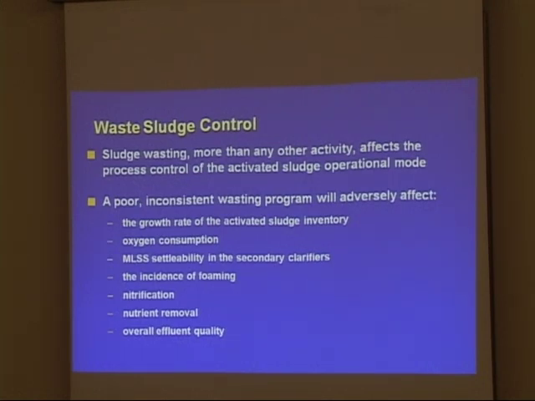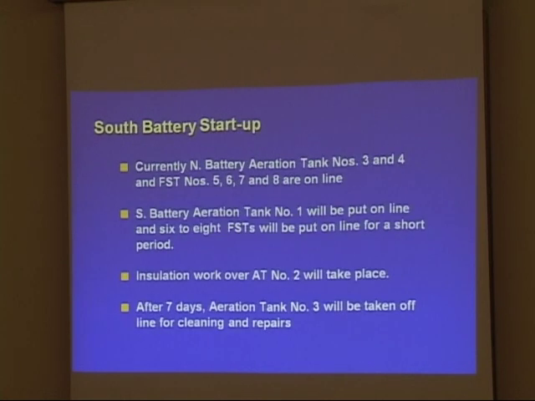A poor and inconsistent wasting program can adversely affect the growth rate of activated sludge inventory, oxygen consumption, MLSS settleability in final settling tanks, foaming, nitrification, nutrient removal, and overall effluent quality. So it's very important that wasting be consistent and that you're maintaining the SRT for the process that you're employing.